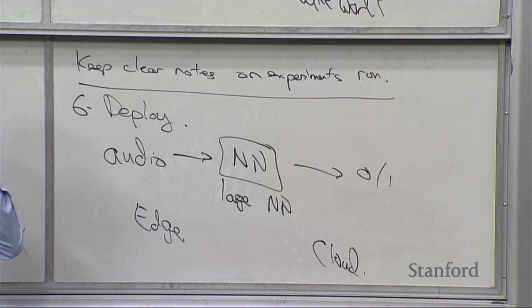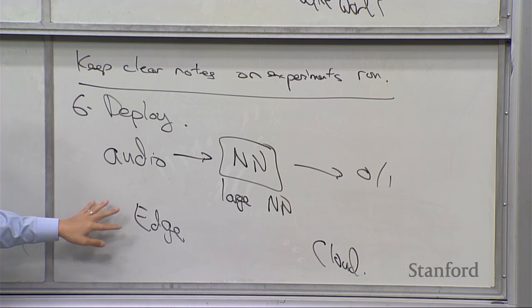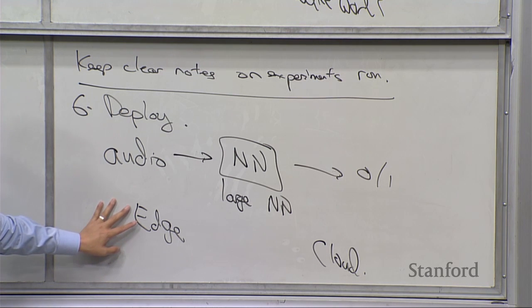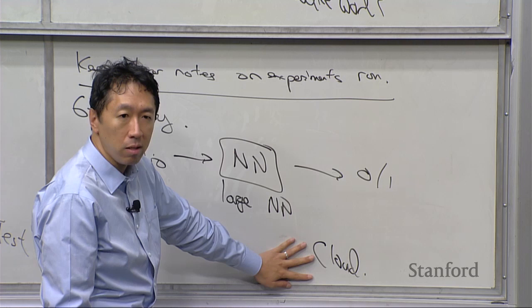So because of network latency and because of privacy, a lot of these computations are done on edge devices, like a smart speaker in your home, or I guess, Hey Siri or OK Google can wake up your cell phone, right? And so edge devices have much lower computational budgets and much lower power budgets, limited battery life, much less powerful processors than we have in our cloud data centers.